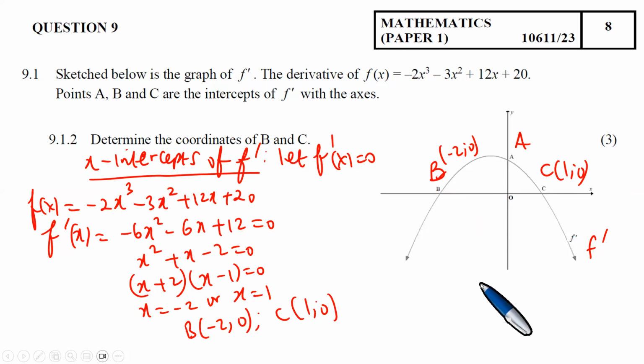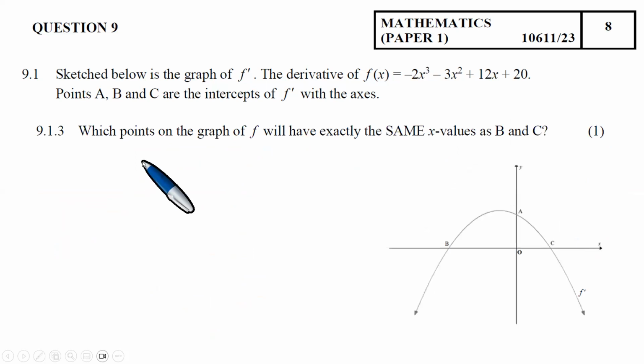Next question. Which points on the graph of f will have exactly the same x values as B and C? Remember that if you want to find which points on the graph of f, we are referring to the graph of f. Remember that the other is the graph of f prime of x. This is the equation of the function f.